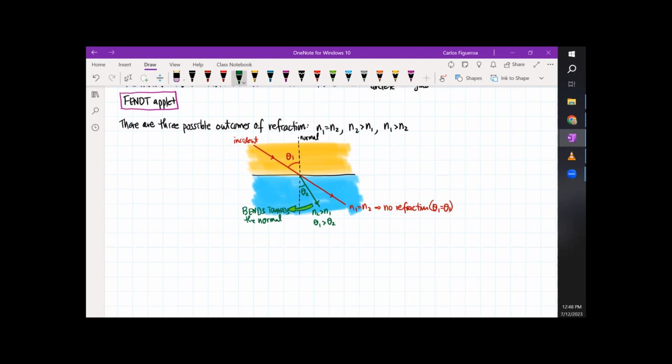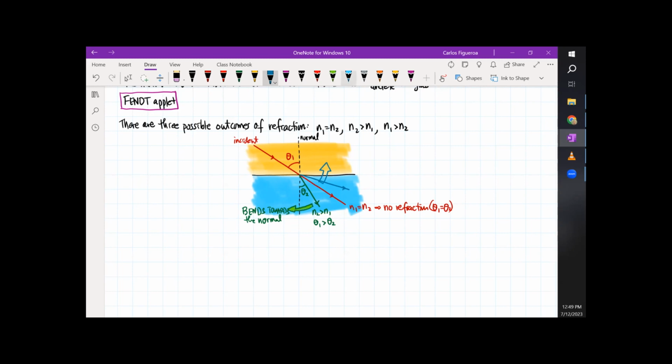On the other hand, I could have a different ray. In this case, this ray, instead of bending down, actually bends upwards. So you're seeing that this ray, instead of going towards the normal, is moving away from the normal.